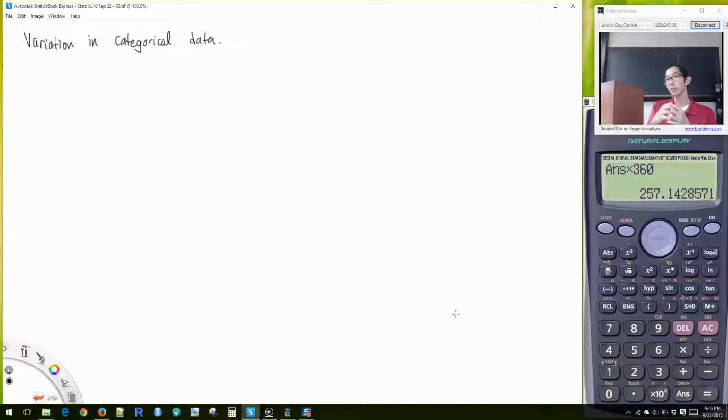So let's say we looked at cheerleaders for the NFL, and we looked at how much each of these cheerleaders weigh, versus, let's say we go to the Olympics, and we see how much the different Olympic athletes weigh. We're going to see a lot more variation in the weight of Olympic athletes, right?